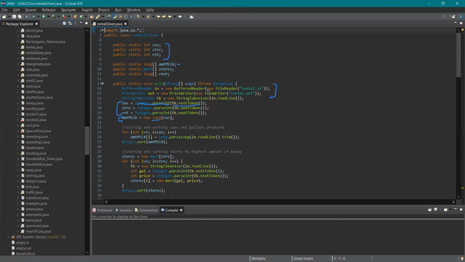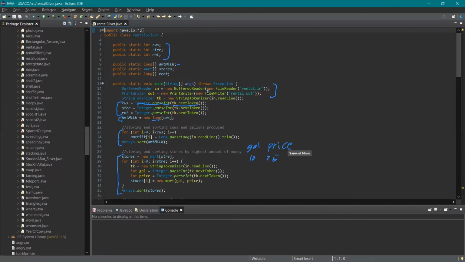As I commented here, we are storing and sorting cows and gallons produced. Next we're sorting and storing stores by highest amount of money. We use string tokenizer to take in the gallons and price. Remember, the first line was the gallons and this was the price.